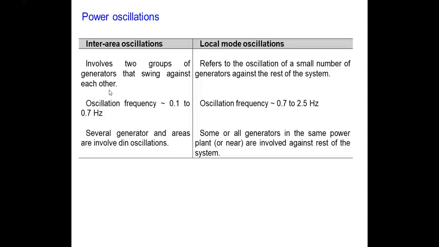So these are the two groups of generators, and they oscillate against each other. So this will be an inter-area oscillation: oscillation between two groups of generators which swing against each other.